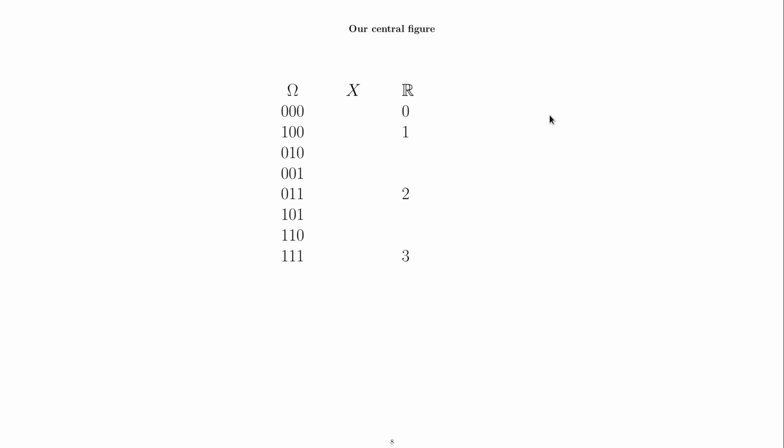Let me go back a slide. So in this case, x maps here. All 3 of these map to 1. The 3 of these map to 2. And 1, 1, 1 maps to 3. So that's sort of the basic overview of what x is doing.